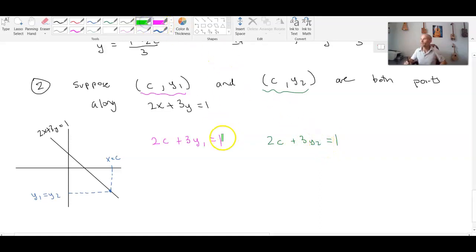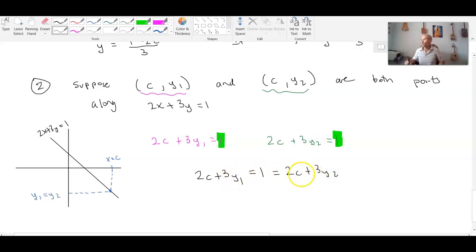So since both of these equations are equal to 1, that is 2c plus 3y1 is equal to 1, and 2c plus 3y2 is equal to 1, well, that means they're equal to each other, right? Because they both have a value of 1.